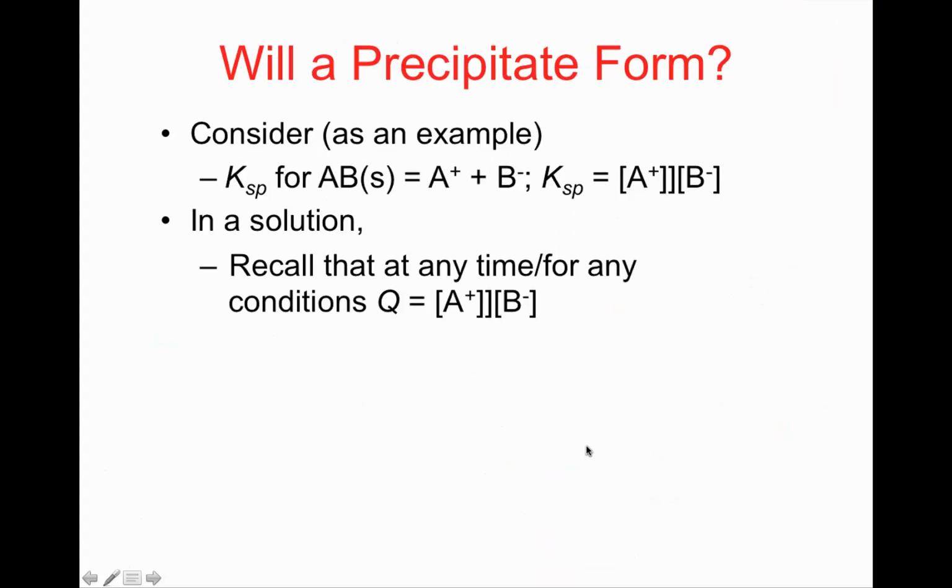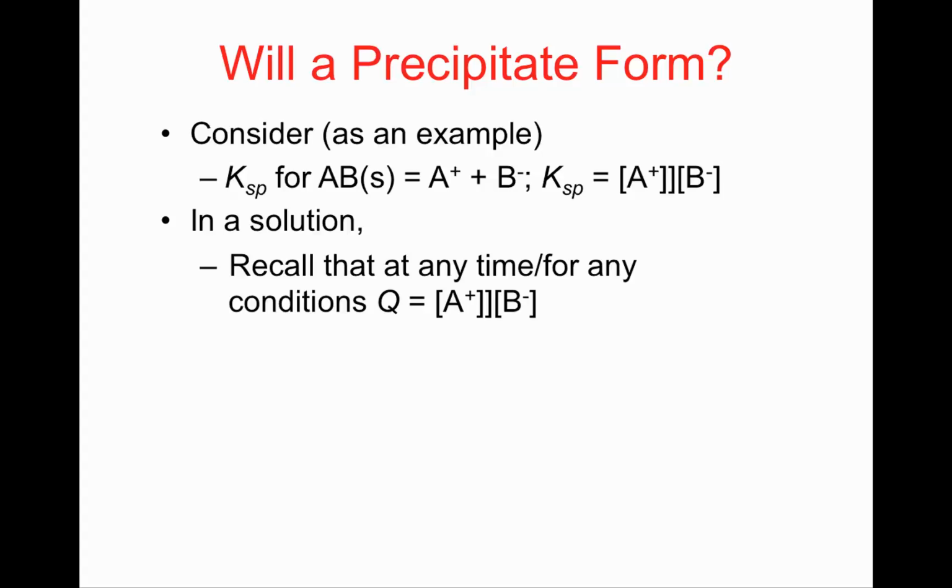Okay, so this is now an important question for anybody doing inorganic solution chemistry, and that is, if I have two solutions and I mix them together and I have ions in both solutions, will a precipitate form? A precipitate means that this is stuff that drops out of solution. When you have Ksp values that are very, very small, you realize that you can't have very high concentrations of ions in solution before a precipitate will form.